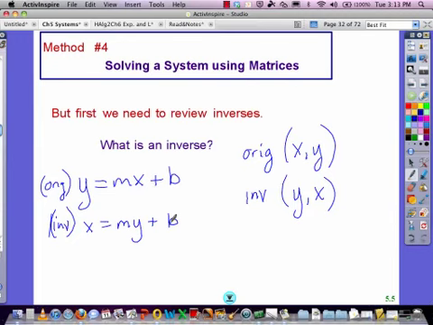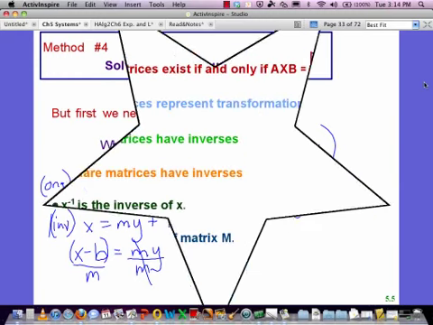So we've done it with lines also. We would subtract the b, then we would divide by that m value, whatever it is. And we'd have our final equation, y = (x - b)/m. And of course the m and the b are numbers, so that makes sense. It'll be fractions.